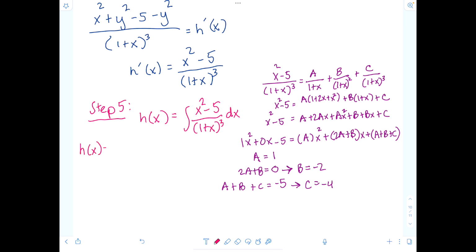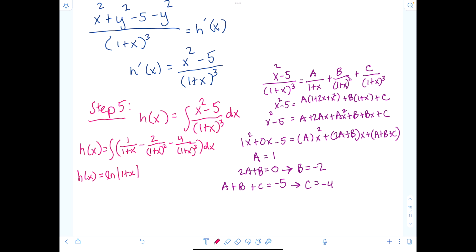So we can rewrite our h of x here. We'll rewrite the integral as the quantity 1 over 1 plus x, substituting in for a, minus 2 over 1 plus x, the quantity squared, and then minus 4 over 1 plus x, the quantity cubed, all being integrated with respect to x. So h of x will be natural log absolute value of 1 plus x.